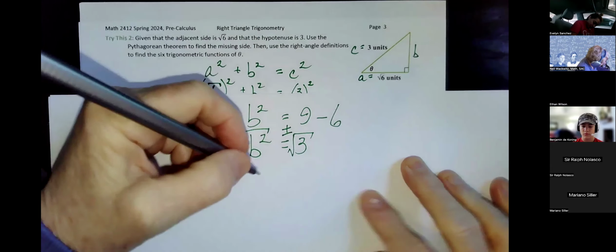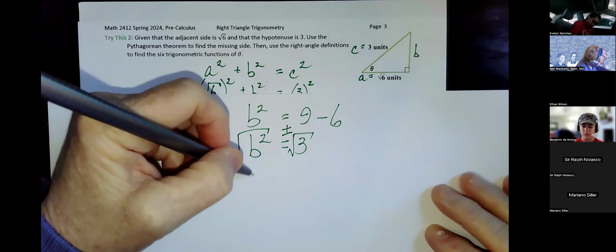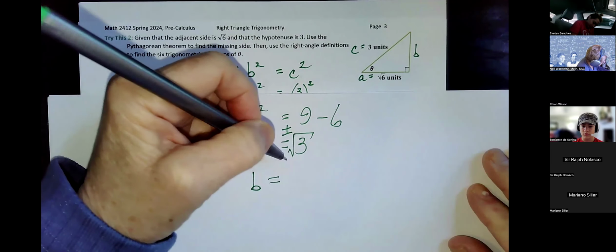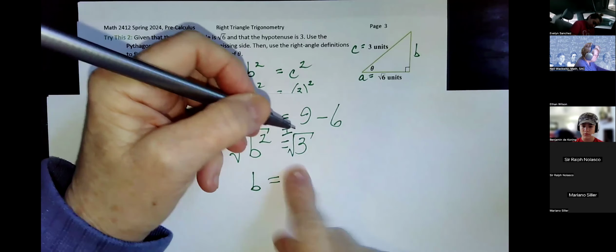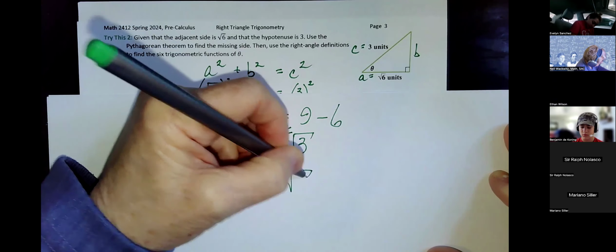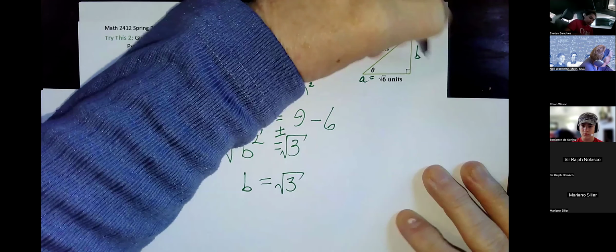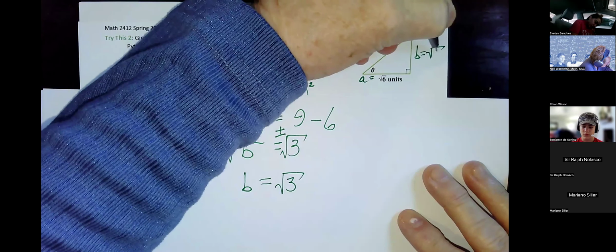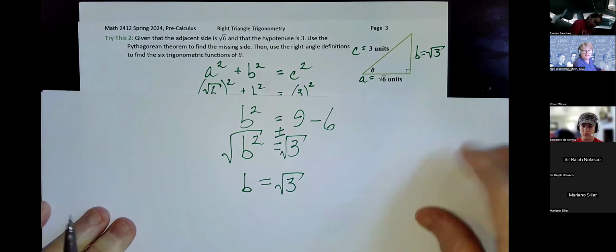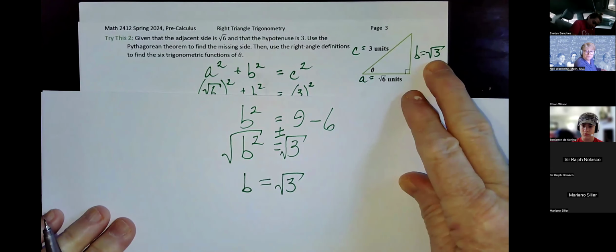Now start thinking. So square root of b squared is b. Now we can say we don't need the plus or minus, and now we can say that square root of 3 is just itself. And it kind of makes sense. Square root of 3 squared is 3.